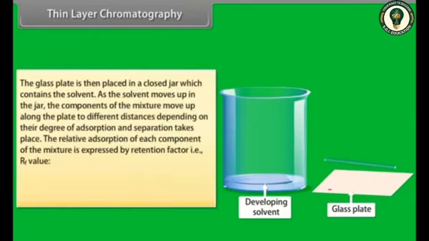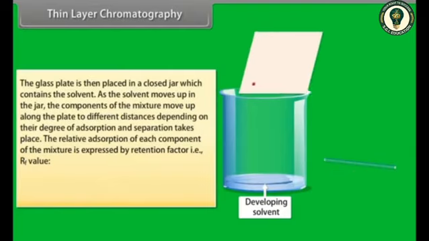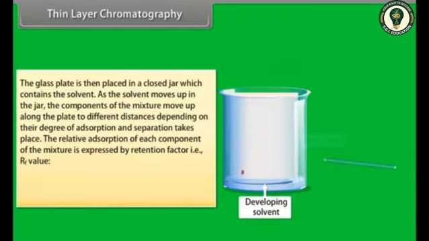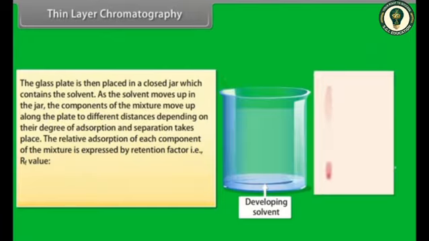The glass plate is then placed in a closed jar which contains the solvent. As the solvent moves up in the jar, the components of the mixture move up along the plate to different distances depending on their degree of adsorption, and separation takes place.